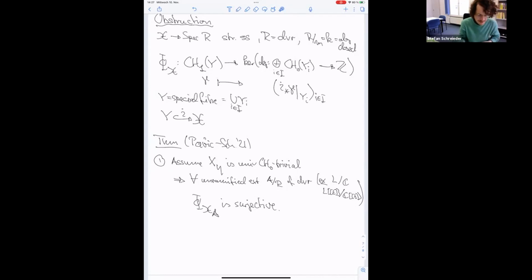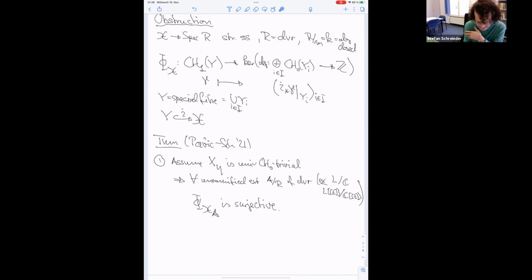So in other words, to retract rationality or a decomposition of the diagonal of the generic fiber, it would be enough to find a special fiber so that this map here is not surjective after some base change.